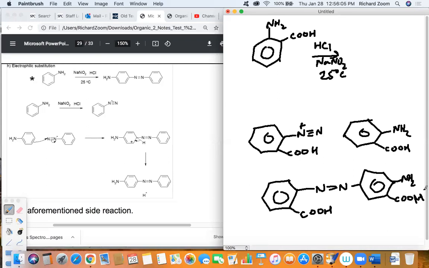But this is a side reaction. This isn't really diazotization as a synthetic process. The ones in the first chart that you gave us that were all at 0 degrees would be used for synthesis, correct? Mm-hmm. And that's the only ones we would need to know for synthesis. For number 7, yeah. Thank you.